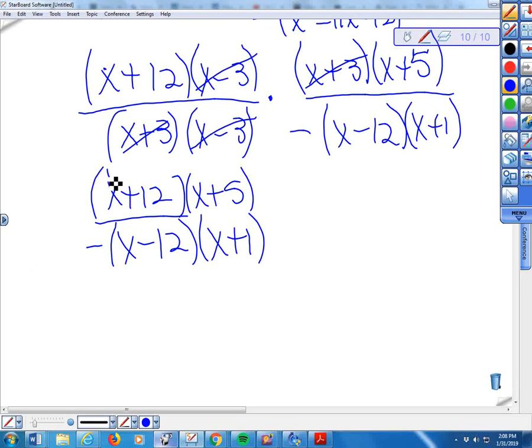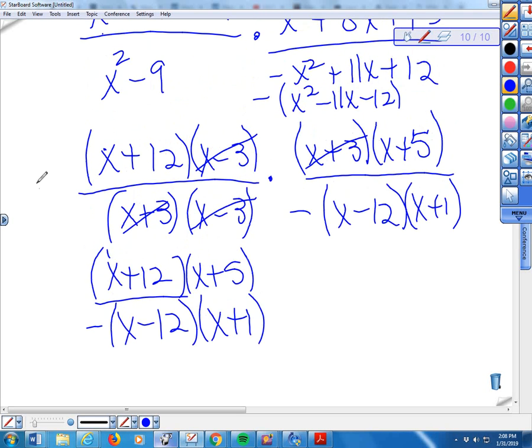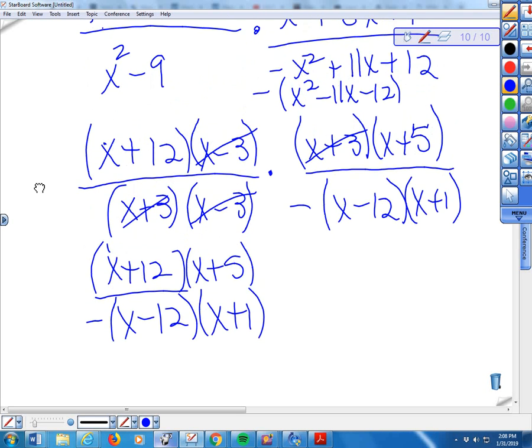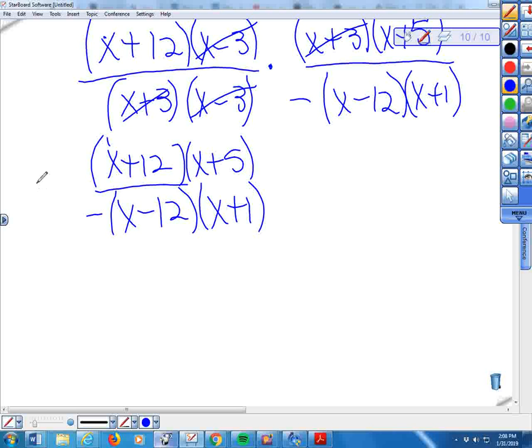It's going to be negative x plus 12, right? And I want to make sure 12 needed to be negative. Yes. So now I could leave it in factored form like this, which is fine, or go ahead and multiply both of them together to get a polynomial on top and bottom.